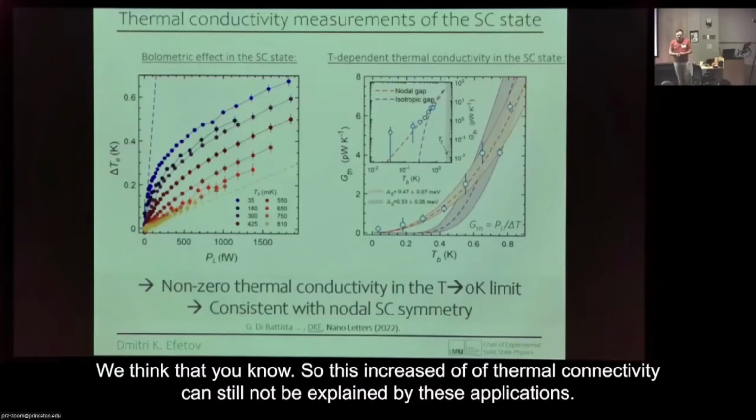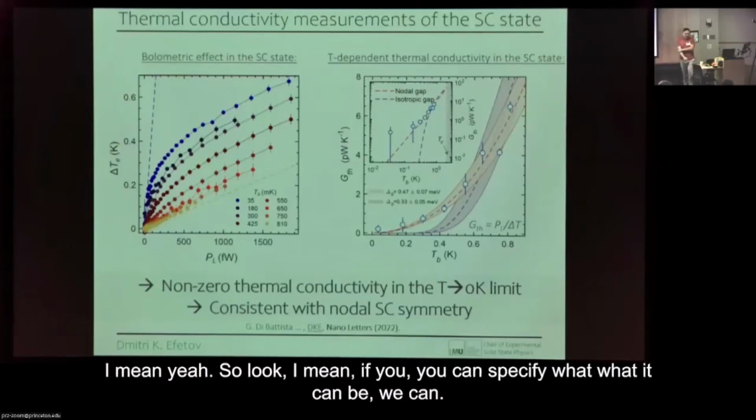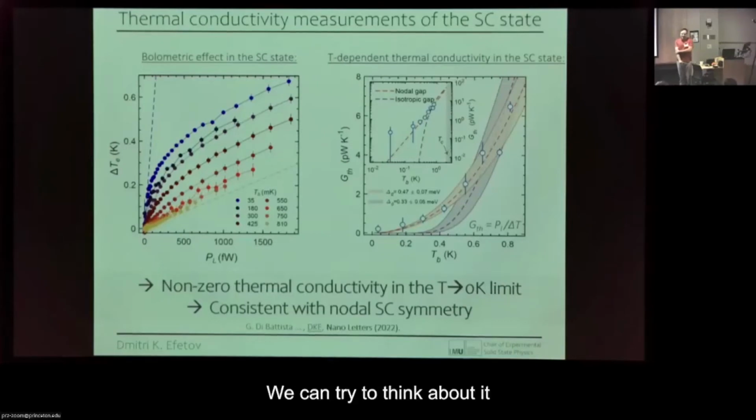Wouldn't it be that this non-zero thermal conductivity at low temperatures can be explained by some other kind of excitations, maybe neutral ones, and with S-wave conductivity? Yeah. So look, if you can specify what it can be, we can try to think about it.